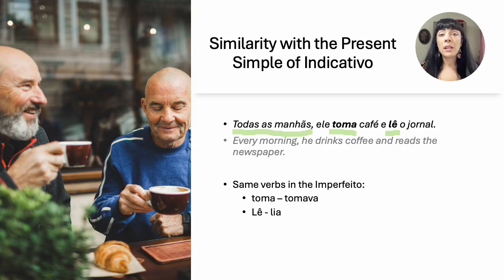Every morning, he drinks coffee and reads the newspaper. So, as you know, the present simples do indicativo, or present simple of the indicative, also conveys actions that occur regularly or habitually, but in this case in the present.